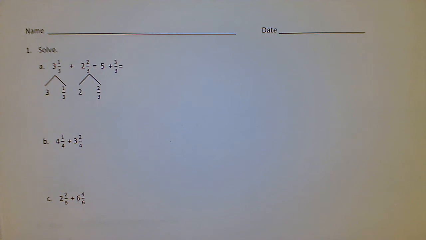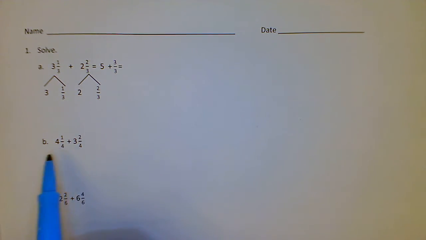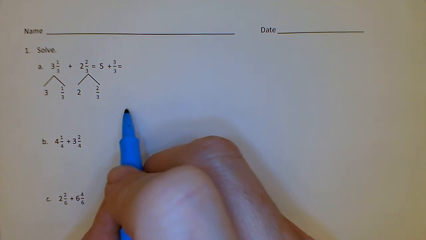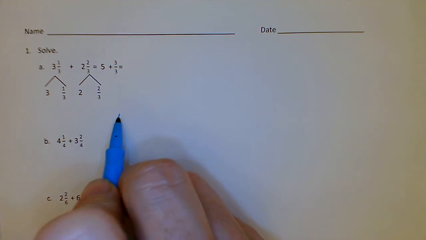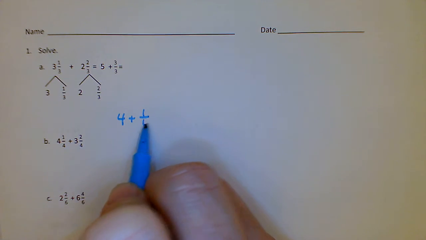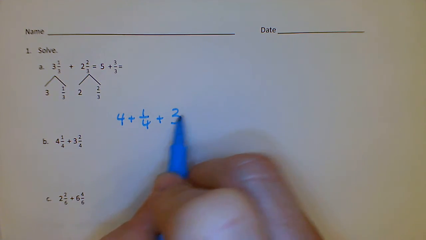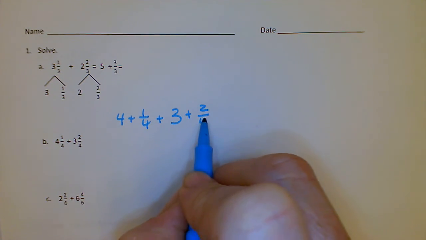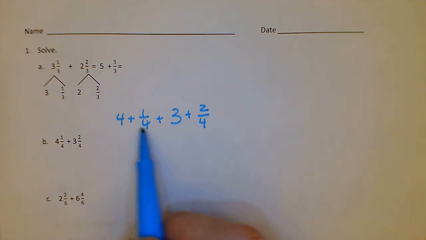So again, you can do it however you want. I am going to first do it horizontally, and I'm going to pull these apart. I need a little bit more room, so I'm going to work right here. So I have 4 plus 1/4 plus 3 plus 2/4. And now I'm going to move these around.